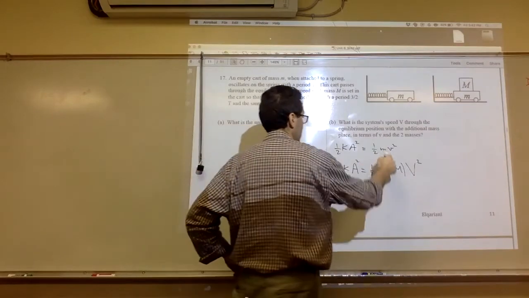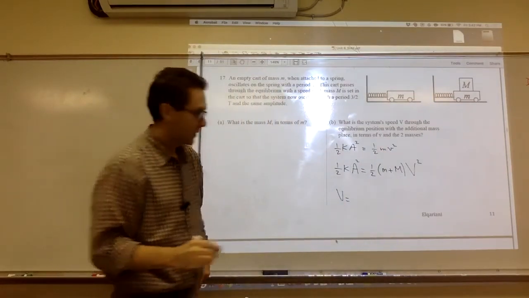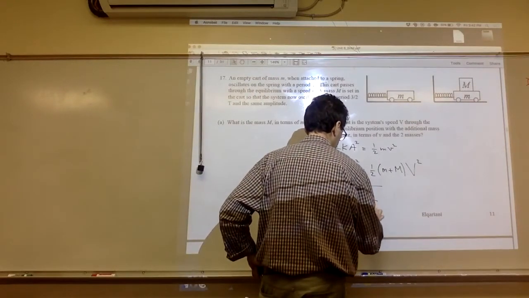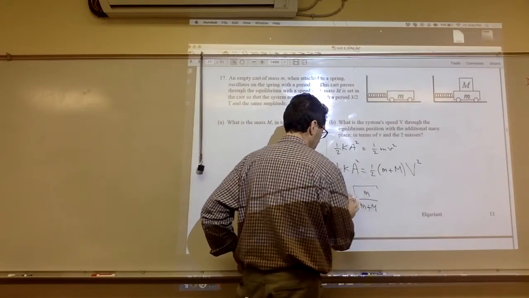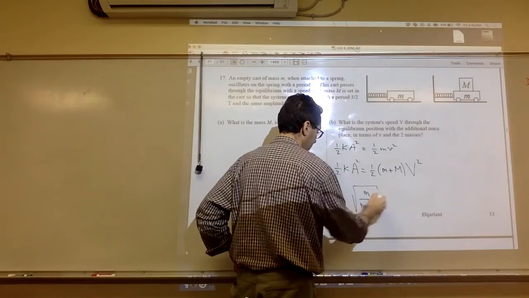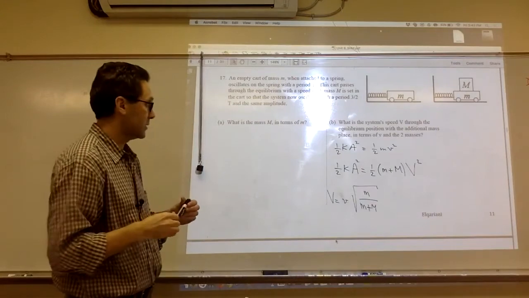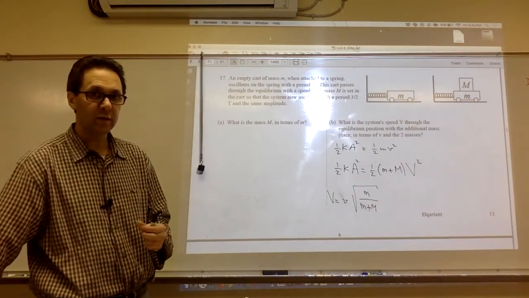So if we set these two equal to each other, we get big V equals radical this ratio here times small v on the outside. So I'm going to put it here. If I put it there, you might think it's on the inside, which makes some sense because there's more mass. This has to be slower to have the same energy.